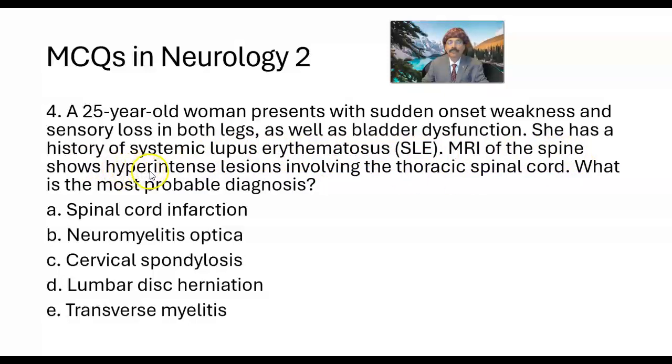MRI of the spine shows a hyperintense lesion involving the thoracic spinal cord. What is the most probable diagnosis? Choices are spinal cord infarction, neuromyelitis optica, cervical spondylosis, lumbar disc herniation, transverse myelitis.